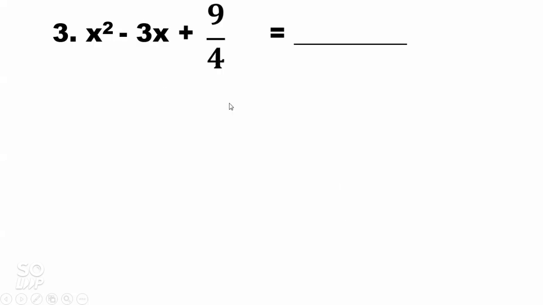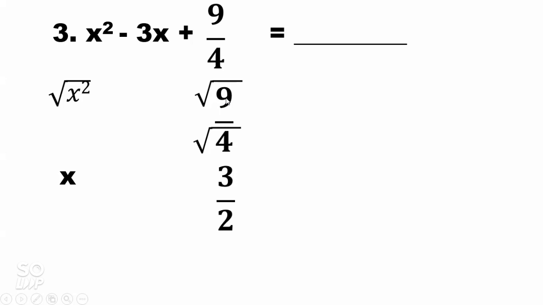Okay, next, number 3. We have x squared minus 3x plus 9 over 4. 9 over 4 is a perfect square. Okay, so now, square root of the first term, x squared, square root of the last term, square root of 9 over 4. Now, the square root of x squared is x. The square root of 9 is 3.